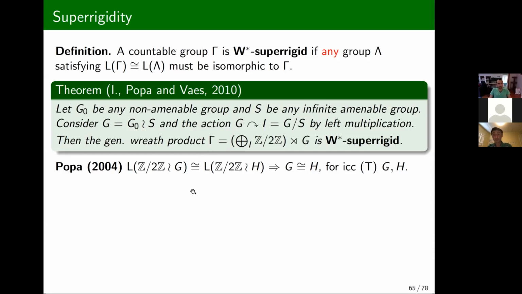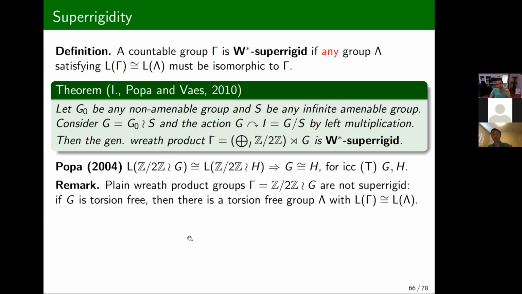So if you have two wreath product groups where you take Z mod 2Z, the group on two elements, wreath product with G, and if this is isomorphic to another such wreath product, then you must have that G is isomorphic to H, provided that G and H are ICC and have property T. Okay, so if you're looking at plain wreath product groups of this kind, where there's no generalized, so there's no action on a set I, then you have this rigidity theorem.